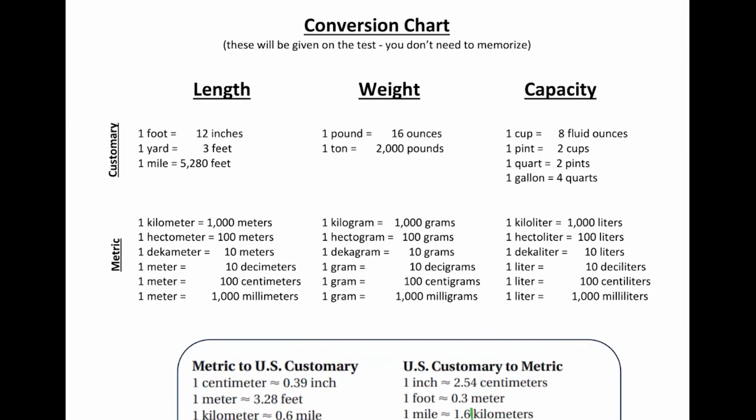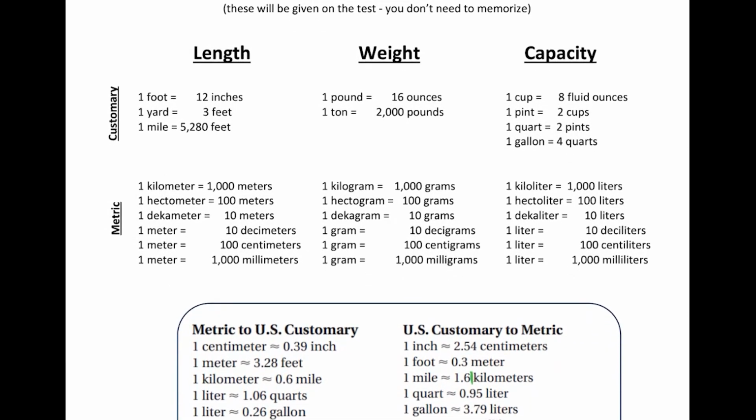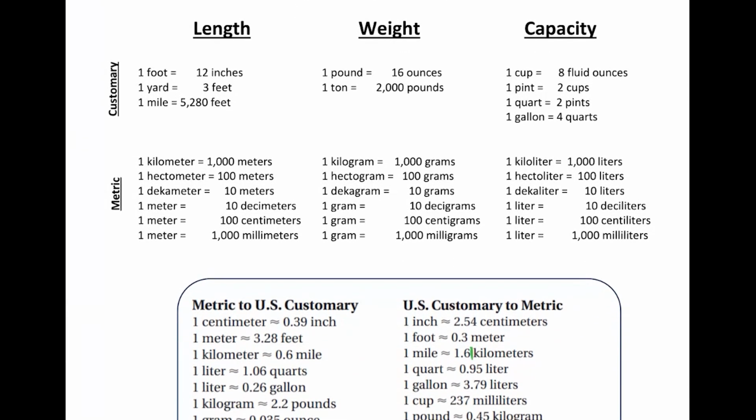However, you can expect there to be several problems where you are not given a direct conversion. What I mean by that is, you might get a question that asks you to convert, let's just say, centigrams to, let's say, decagrams, where you don't have a direct conversion for that.